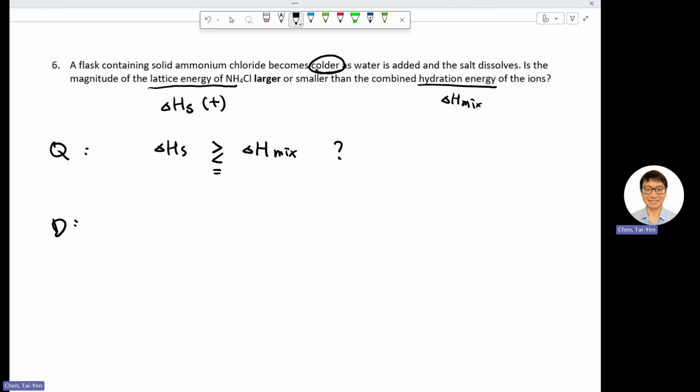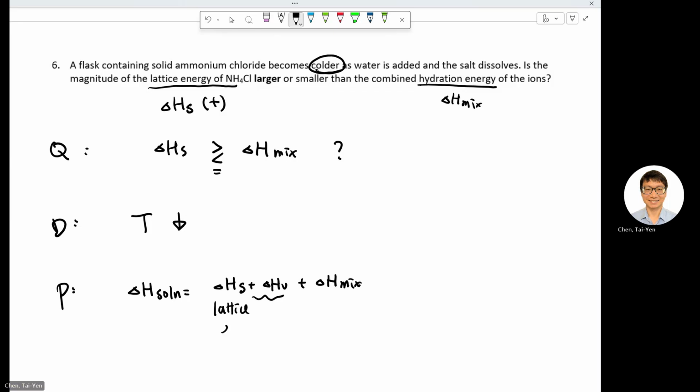After you mix, once you have the solution, the temperature decreases. Your delta H solution equals your delta H solute plus delta H solvent plus delta H mixing. Of course, this is small, you can kind of ignore it. But this is your lattice energy, and this is your hydration energy.